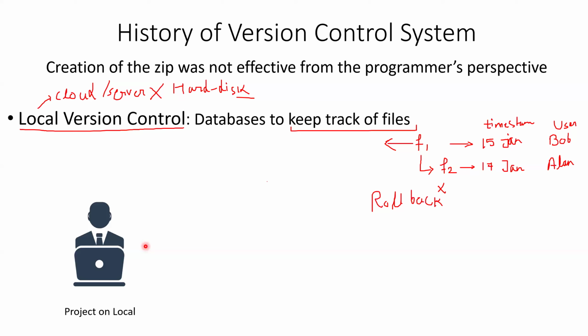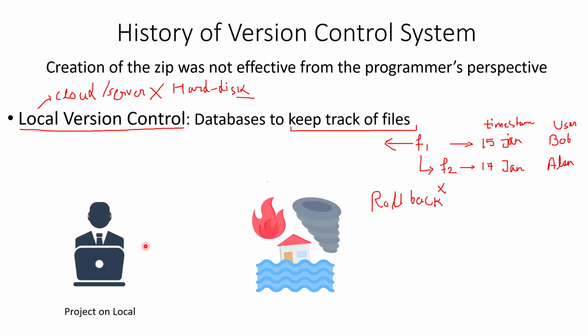But what happens if there is any natural disaster or anything happens? Let's say there is a fire that broke out at your house, or your laptop malfunctions, the hard disk is corrupted. There is a flood, a tornado, an earthquake, any natural disaster or man-made disaster. What will happen in that case?